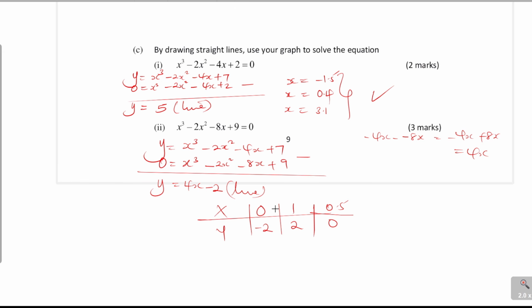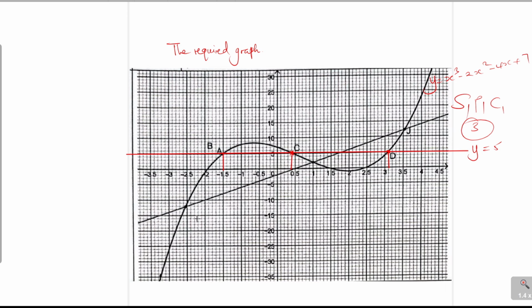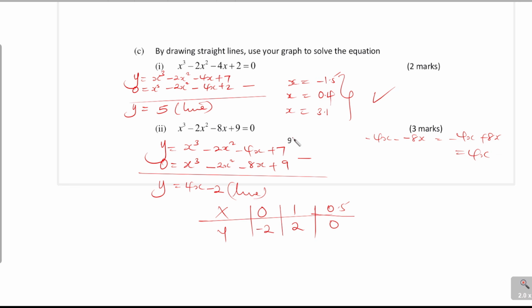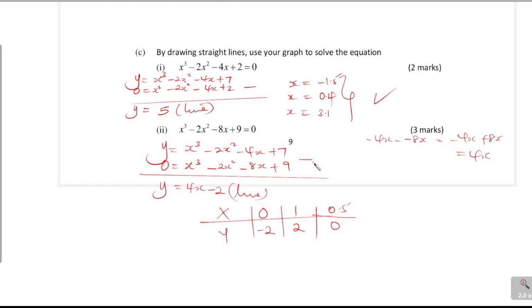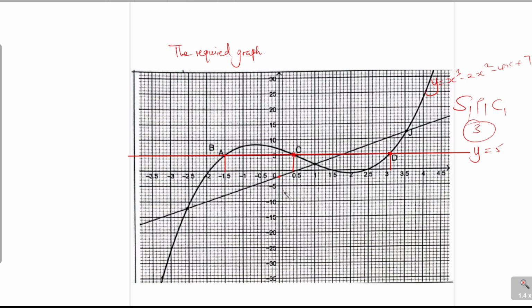So 0, negative 2. Plot that; 0, negative 2 is here. And then we have 1, 2, which is here. That is the other point. And then we have 0.5, 0, which is here.